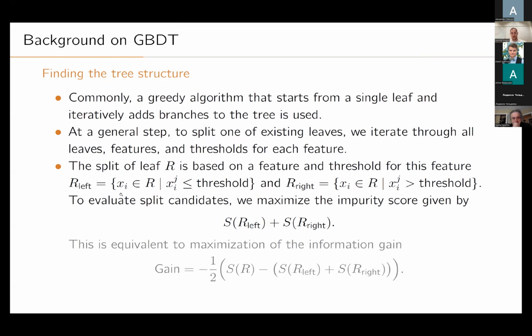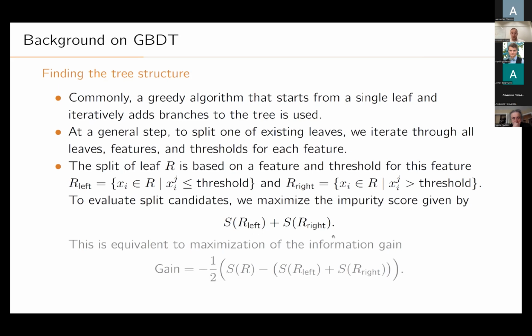So our split is based on, let's say, feature J and some threshold. After the split, we will have two new leaves, and for each new leaf we need to compute the sum of scoring functions at these values. And then we choose the split which maximizes this sum.